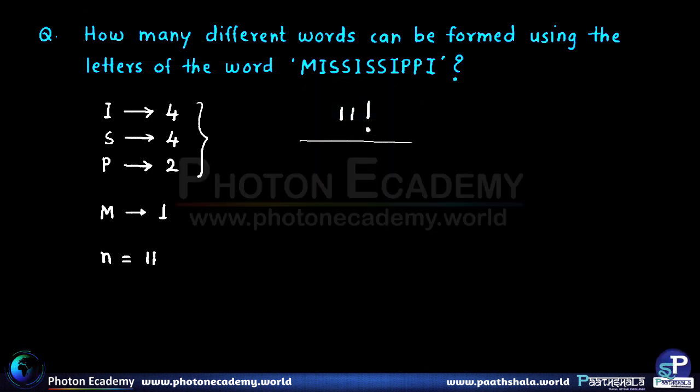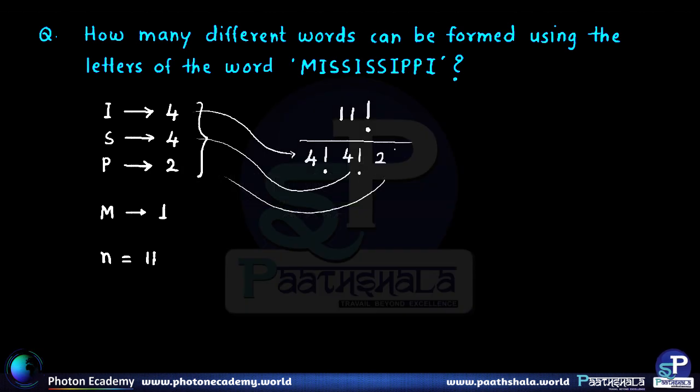So therefore our final answer is 11 factorial divided by 4 factorial, further divided by 4 factorial, and further divided by 2 factorial. So that is the total number of words that can be formed using the letters of the word Mississippi.